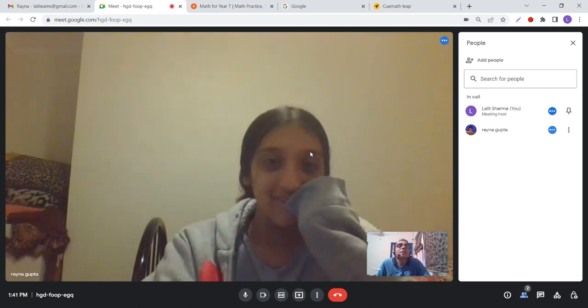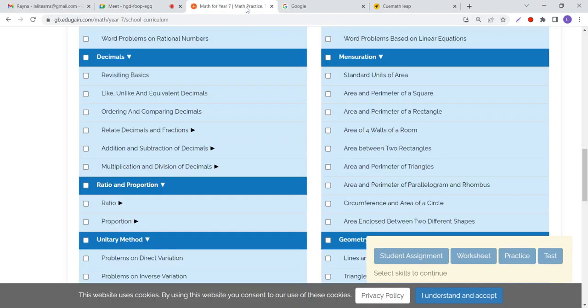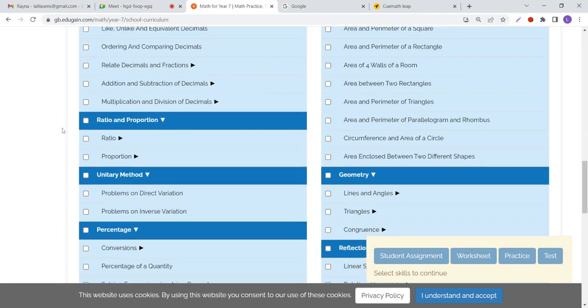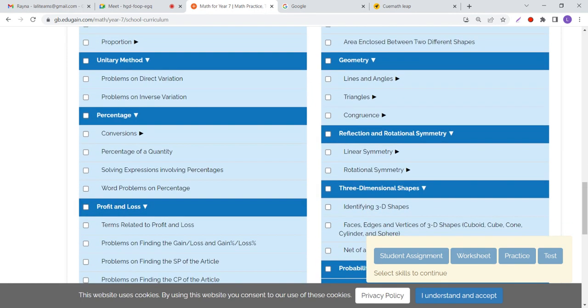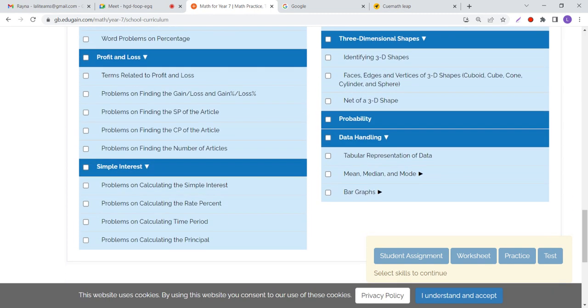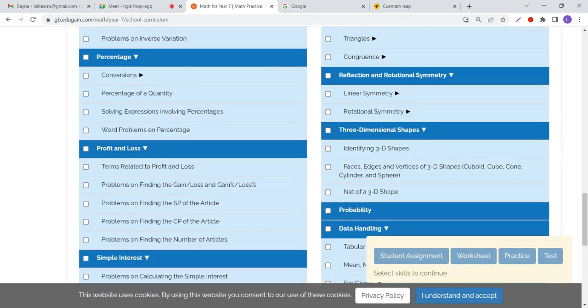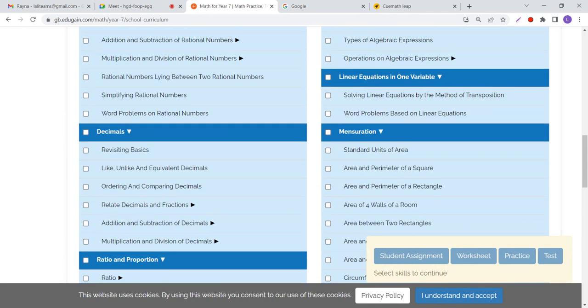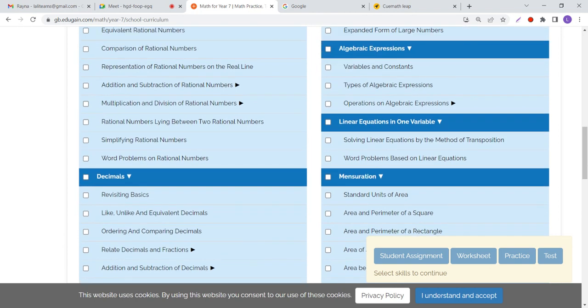Basically, it is covered under tessellations. Linear symmetry, rotational. Yes, I have done the worksheet.